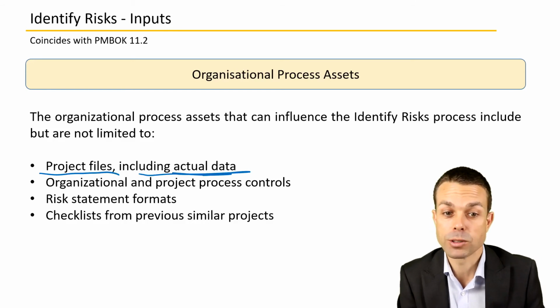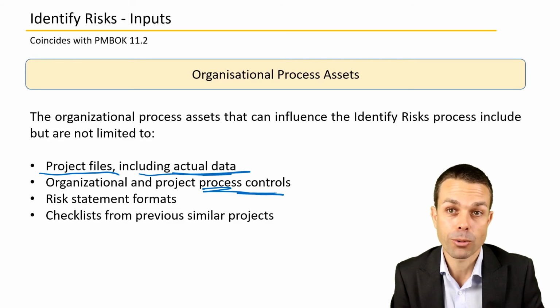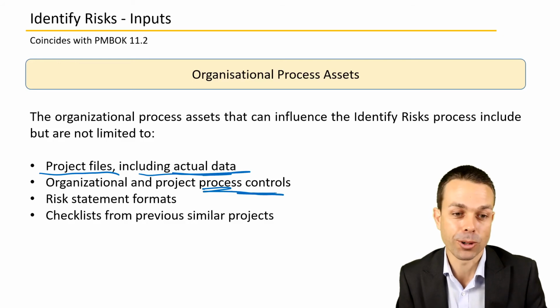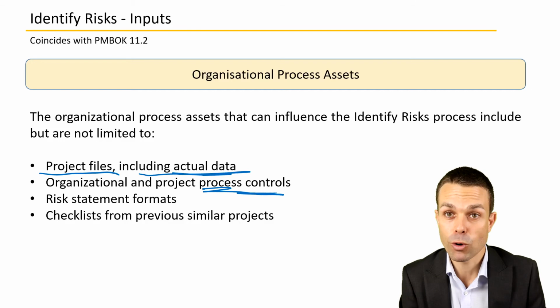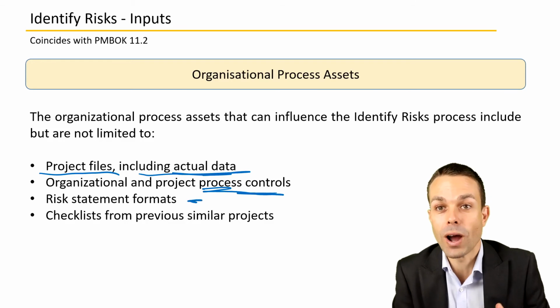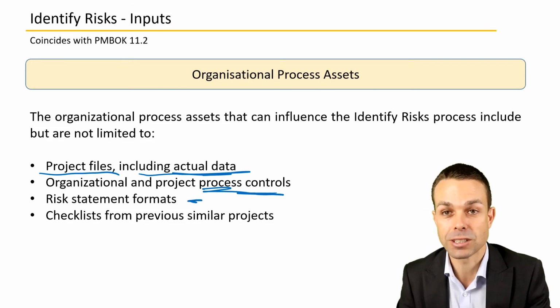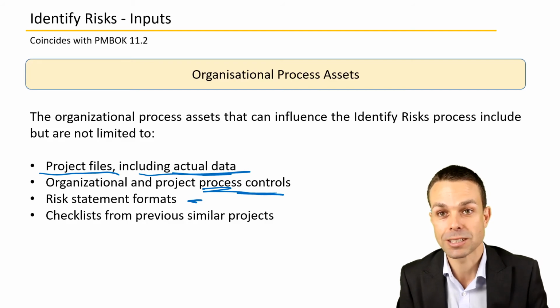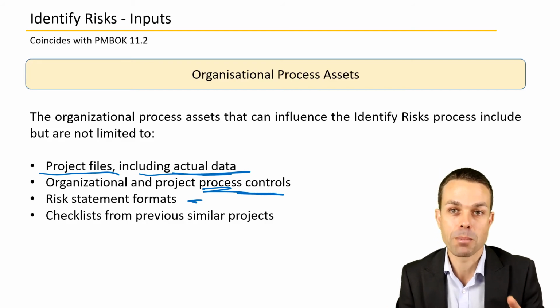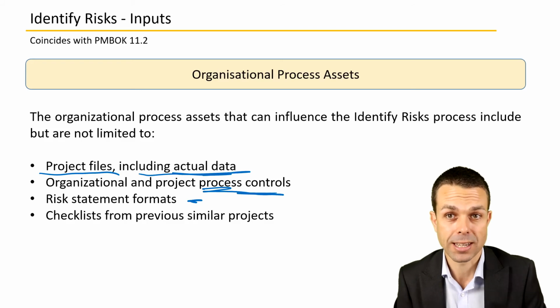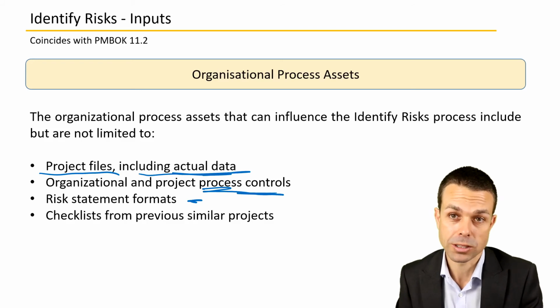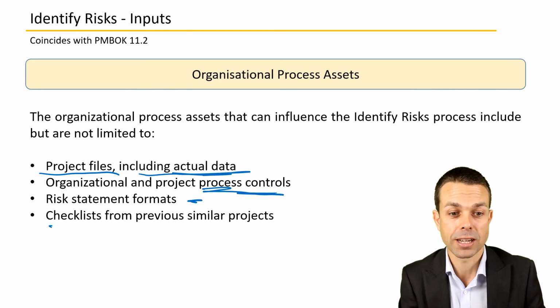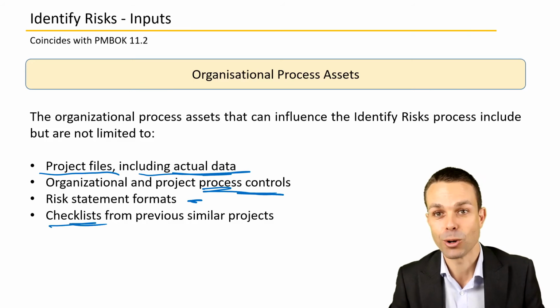Organizational and project process controls, so how are processes controlled currently within the organization? Risk statement formats, so maybe there's a certain way that we need to identify these risks. Maybe there's a register that's already existing that we need to place these risks into. How is everything managed already within the organization from a templates and processes point of view? And of course, checklists from previous similar projects.